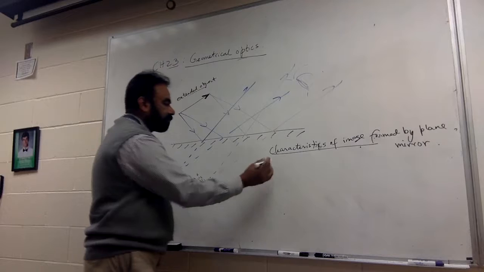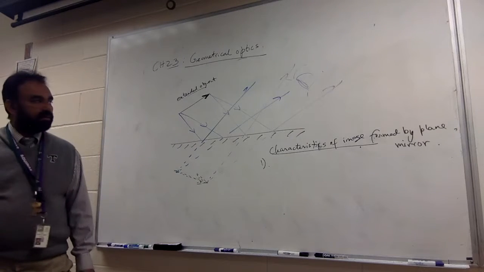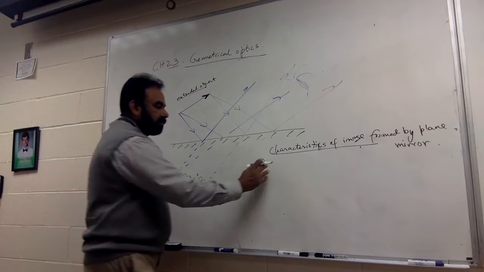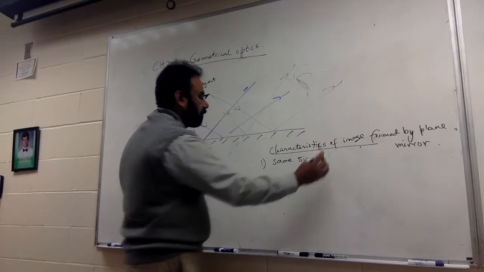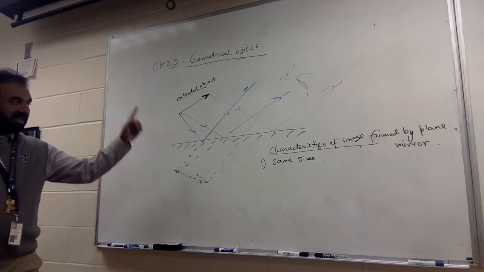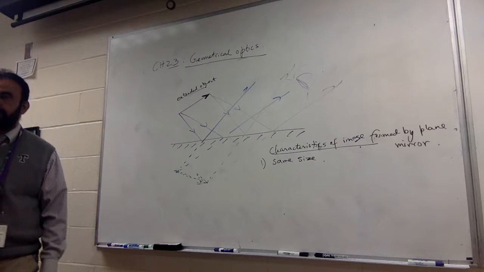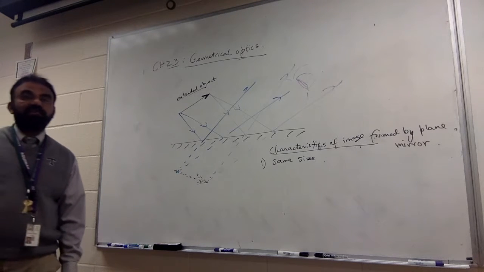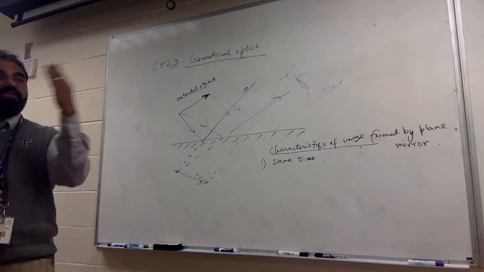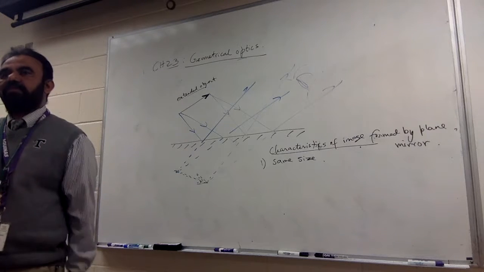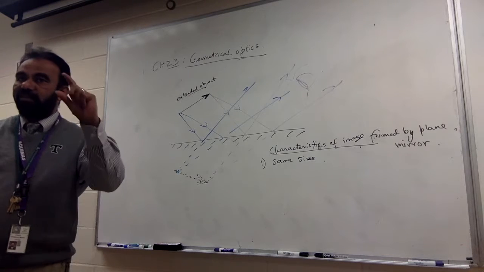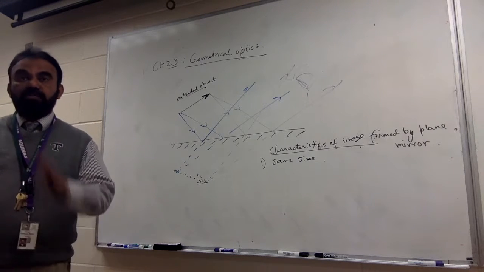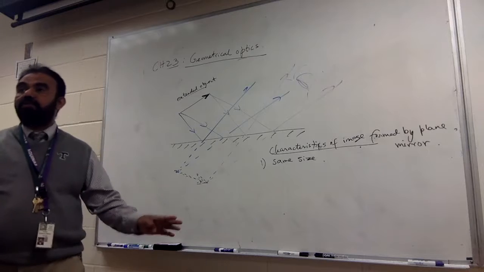Number one, same size. The image is exactly the same size as the object. So if you're standing in front of a plane mirror, you will see yourself exactly your size. All right? You won't see yourself smaller or bigger. You will see exactly the same size if it's a good plane mirror.